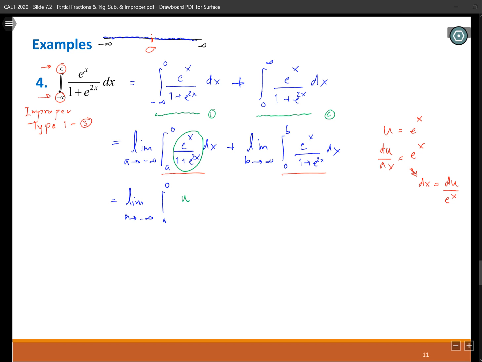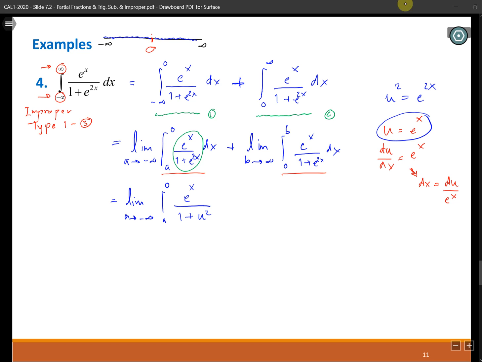Well, what about I leave e to the power of x up here alone for now? You know why. Divided by 1 plus e to the power of 2x. So here I apply u, and that is u square. Right? u equal to that, so u square equals e to the power of 2x, and I substitute that into here.